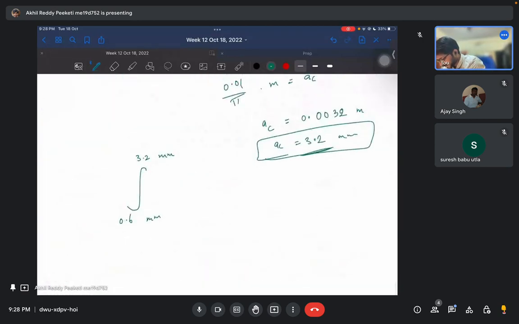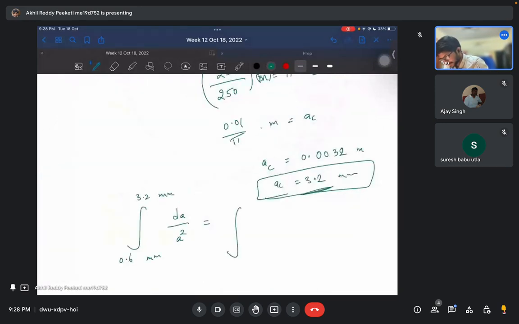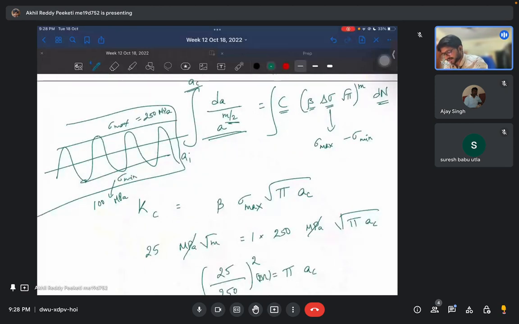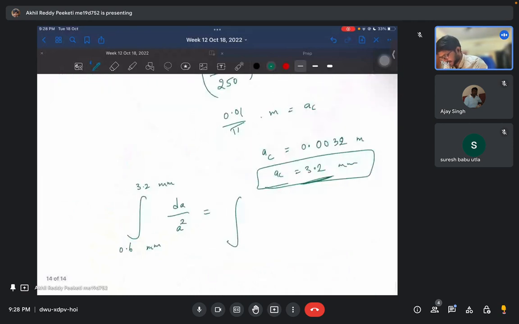da by a to the m by 2 is equal to integral, and this entire thing is a constant, right? None of them are functions of dN, so I'm just writing it this way.